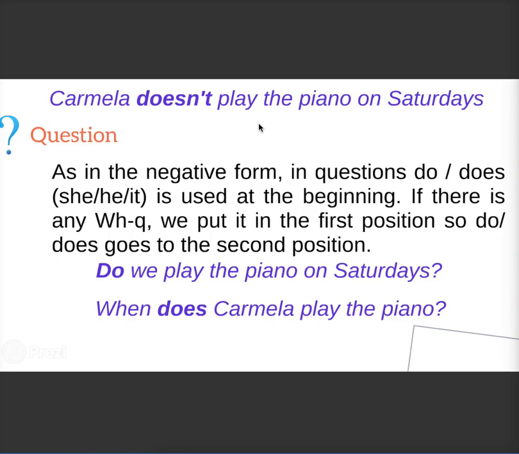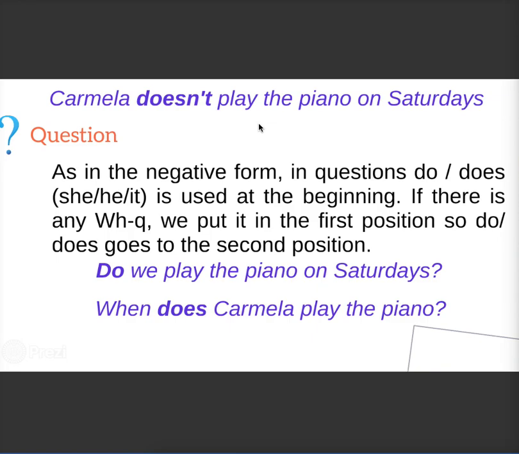If there is any WH question, we put it in the first position, so does goes to the second position. Do we play the piano on Saturday? When does Carmela play the piano?